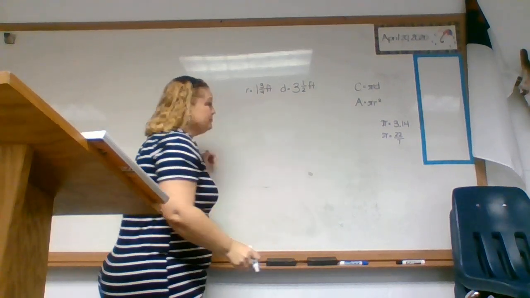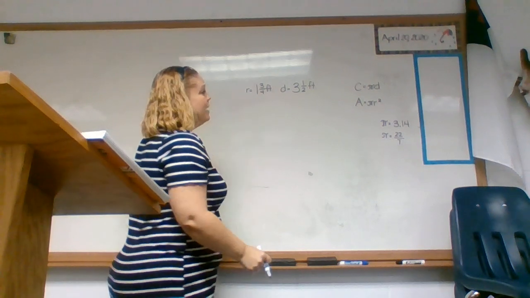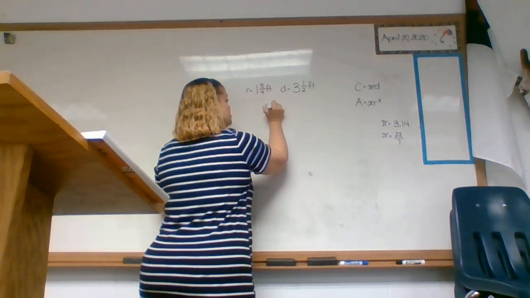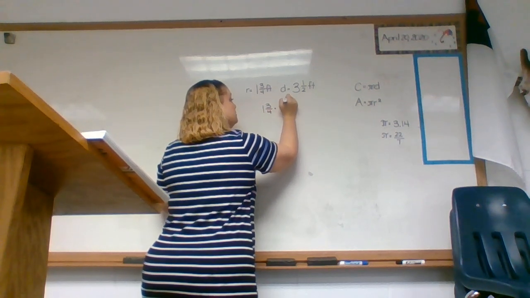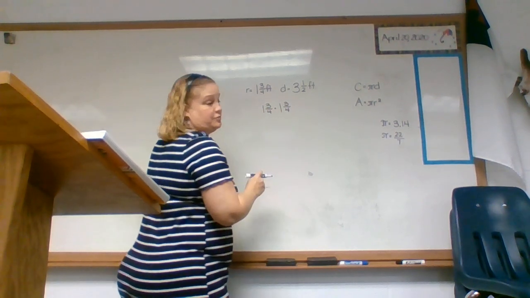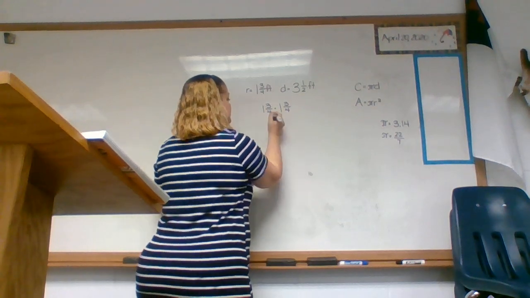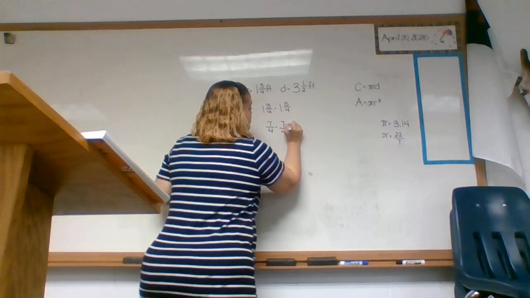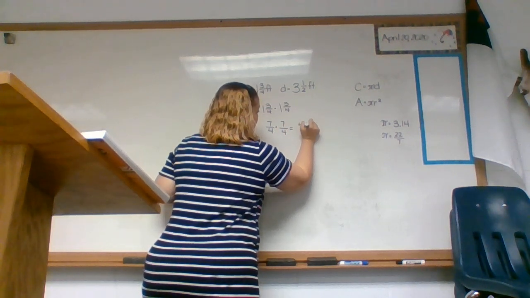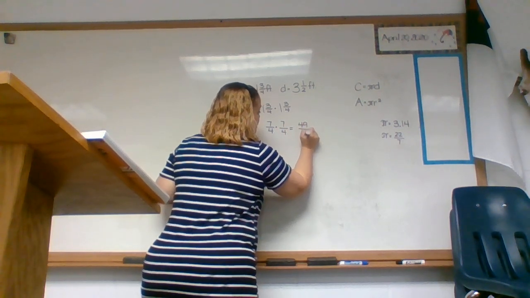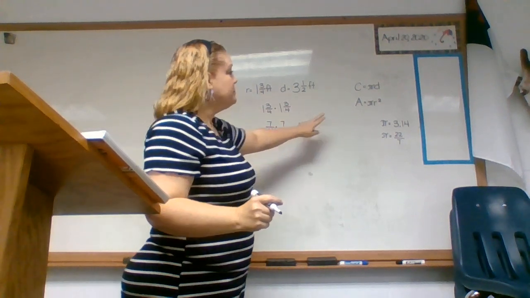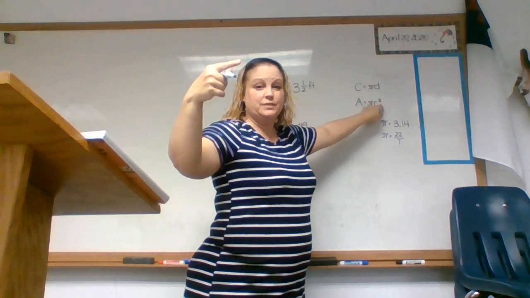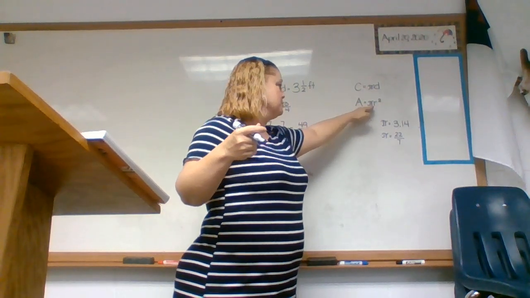Same circle, but this time we have pi times radius squared. So I have to do the radius squared first. This is going to be 7/4 times 7/4. There's no cross canceling. We're just left with 49/16. Once we've done the radius squared, because of PEMDAS, parentheses, exponents, we do that first. Now multiply by pi.